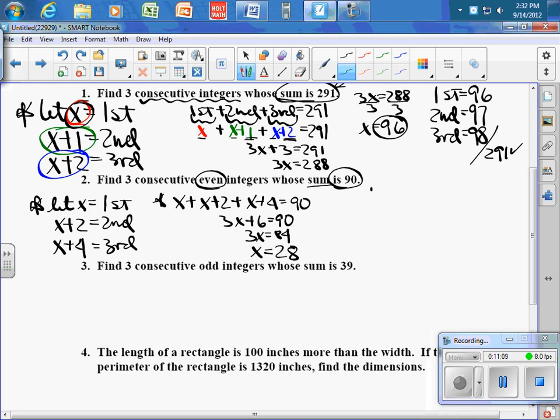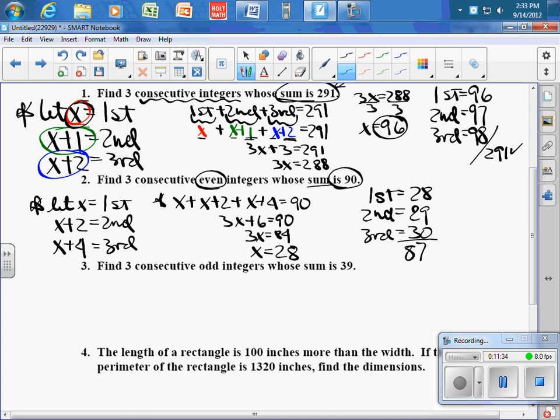So if our first integer is 28, let's say I made a mistake and forgot what I was doing, and I just said the second one was 29 and the third one was 30. You still want to check to make sure that these things add up to 90. Well, in this case, they would only add up to 87.